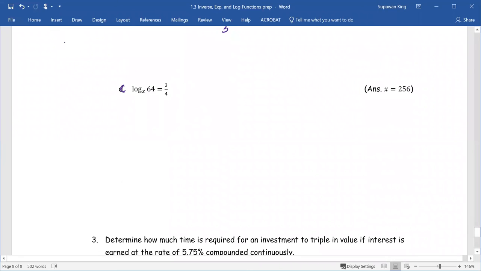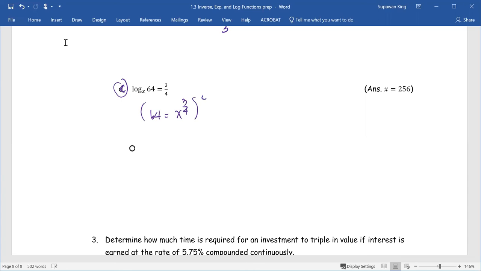Next example: log of 64 base x equals 3 over 4. We are rewriting this log form into the exponential form. So 64 equals x to the power 3 over 4. To solve for x, we raise both sides of the equation to the power 4 over 3.